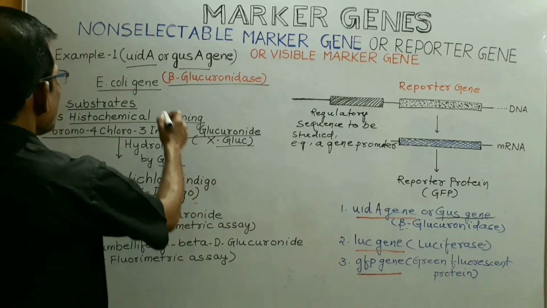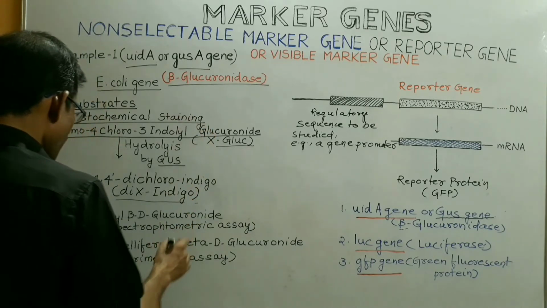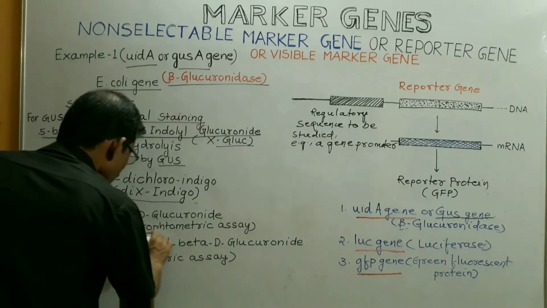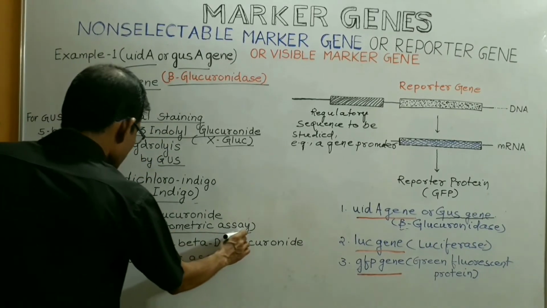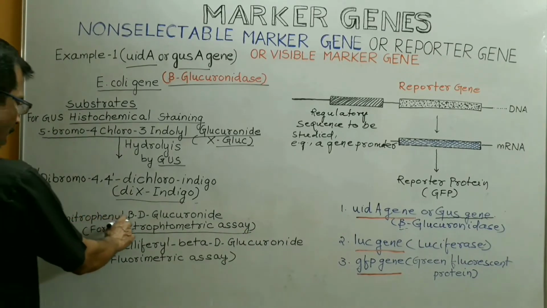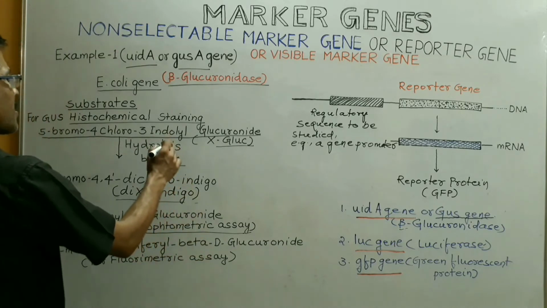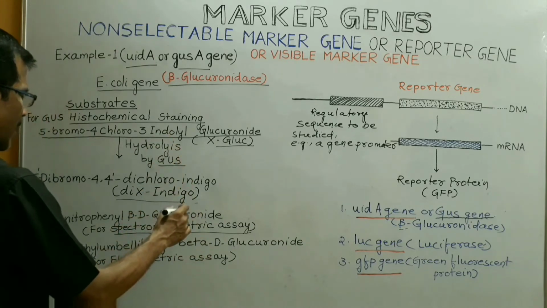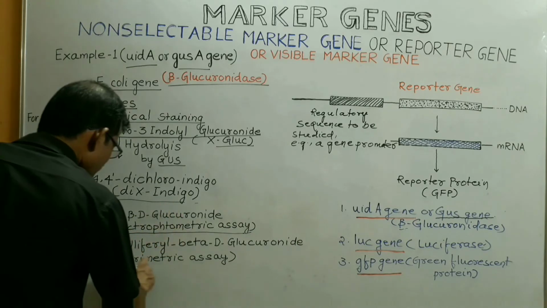The activity of the GUSA gene can also be studied by spectrophotometric assay. For the spectrophotometric assay, the substrate is p-nitrophenyl beta-D-glucuronide. Similarly, GUSA gene activity can also be studied by fluorimetric assay.